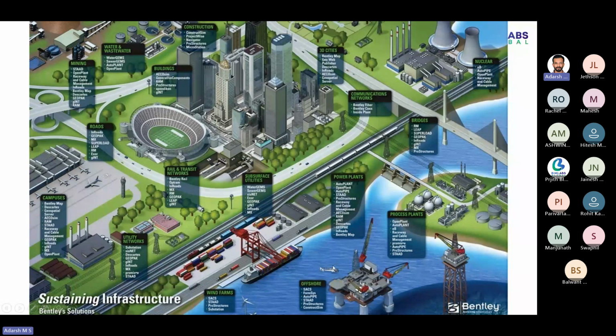If we think of this from a broader perspective, we can see that there are multiple things presented in this slide. Civil engineers deal with building projects, water and wastewater projects. We are the people who build roads, railway networks, subsurface utilities, power plants, everything. All these projects need the help of civil engineers.